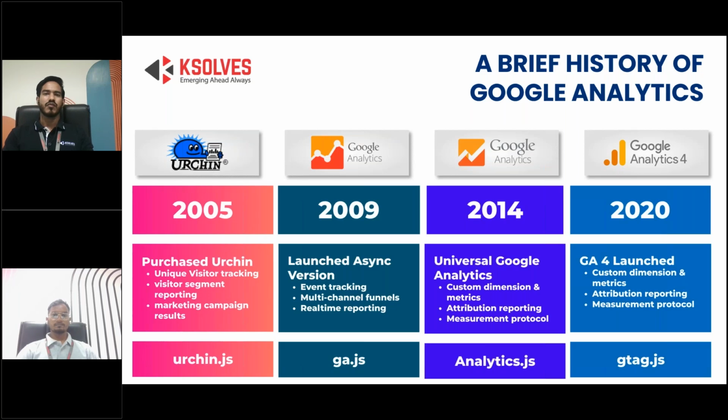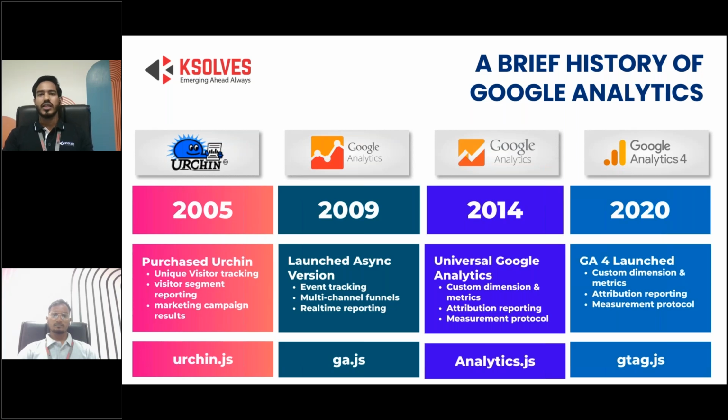Then in 2005, Google acquired Urchin and introduced Urchin's purchase that helped us track unique visitors and gain insights into the website.